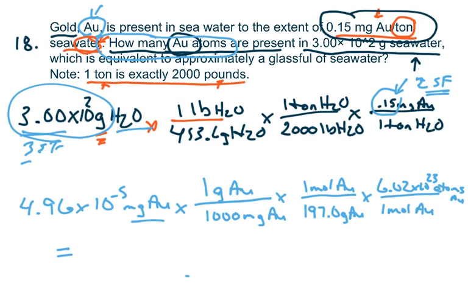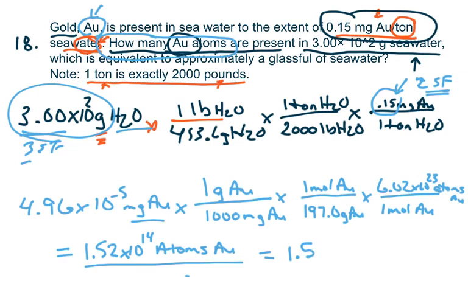That gives us 1.52 times 10 to the 14 atoms of gold. That's what they asked for. We're in the right units, things cancel out. To be technically correct, it should be 1.5 times 10 to the 14 atoms of gold. You can fix sig figs.